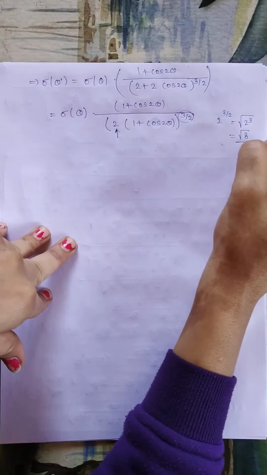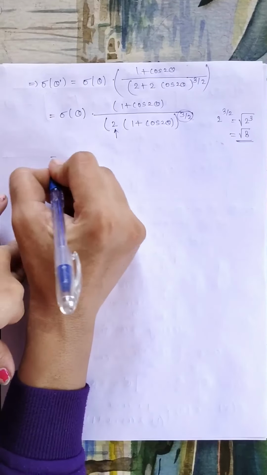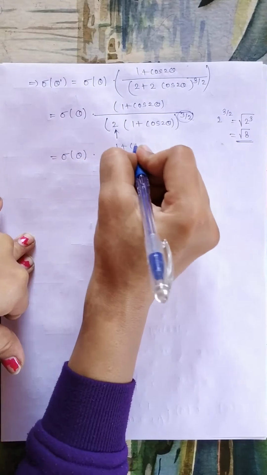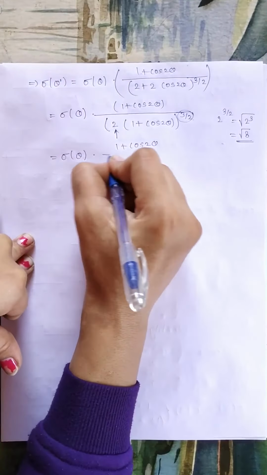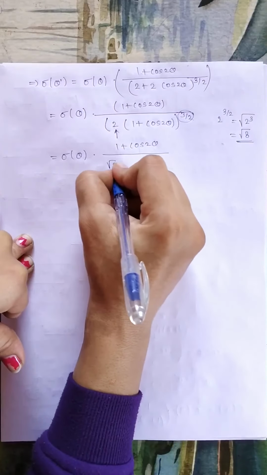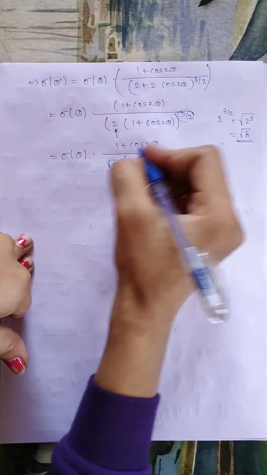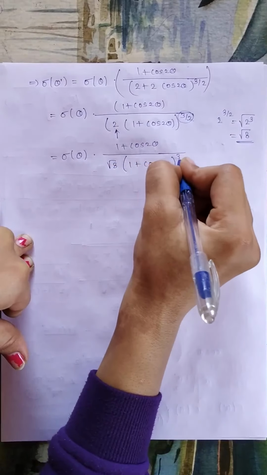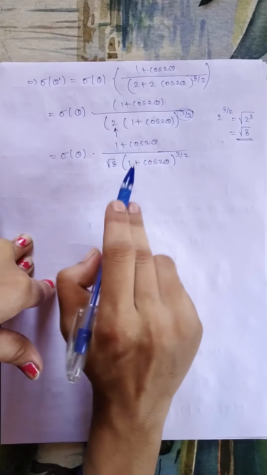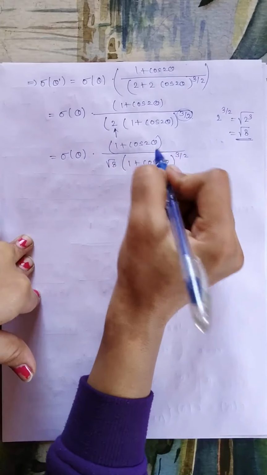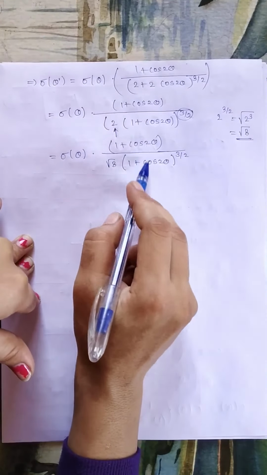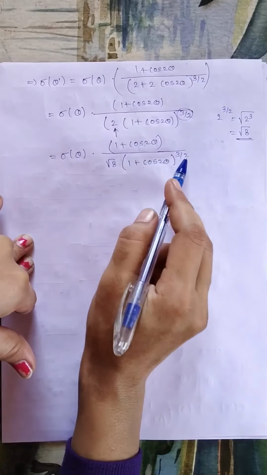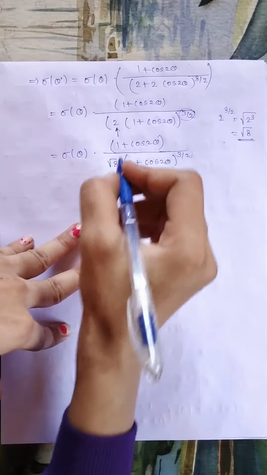So here what we will do, sigma of theta into 1 plus cos 2 theta into this root 8, and now there will be only term 1 plus cos 2 theta raised to 3 by 2. Why I did this step? Because if you observe these two terms, these are same, so I can take the simplified form as base is same, so I will simplify their power.